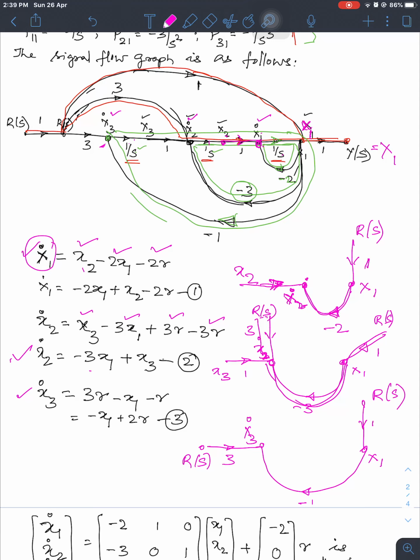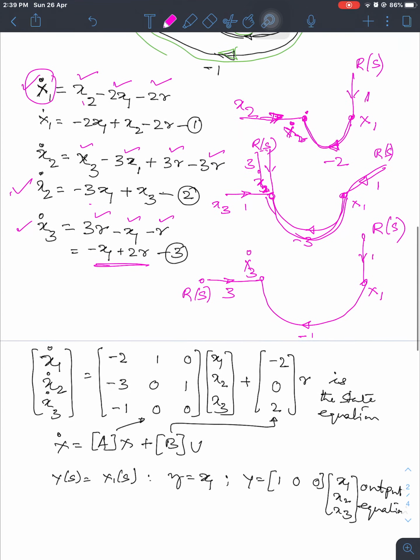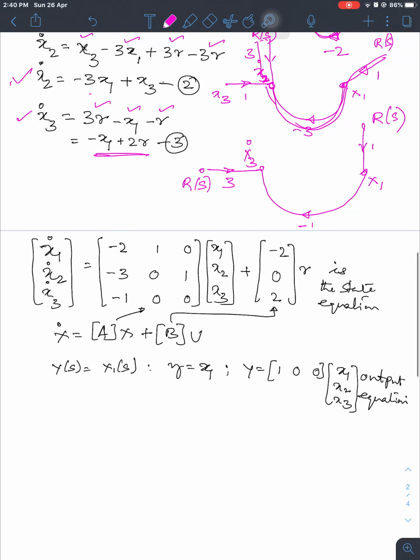So we have 3 signals at x3 dot. At x3 dot we have 3 times r minus x1 and then minus r. So this will come to this much. So we need to do this much, and this would be the state equation.